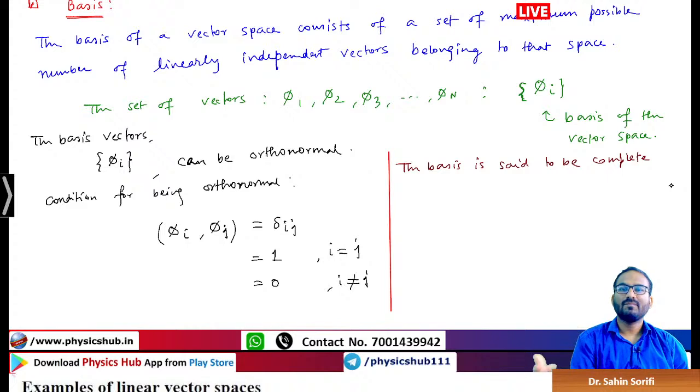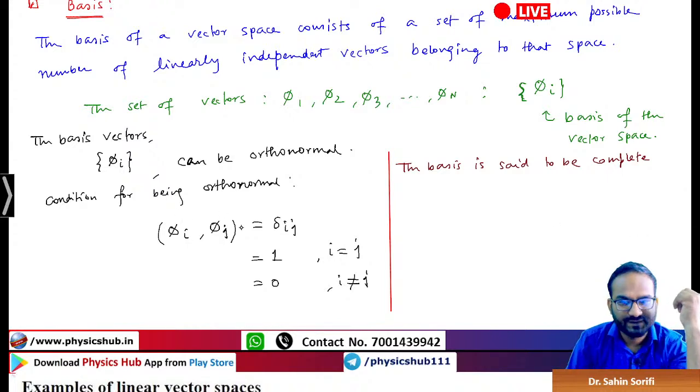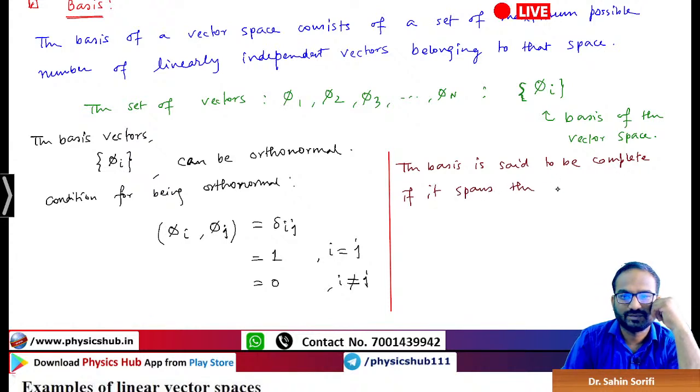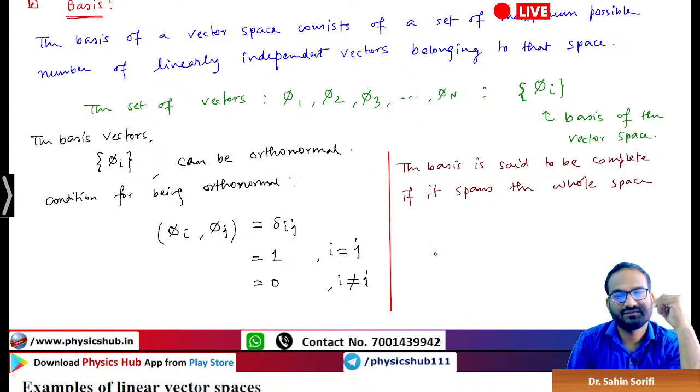The basis is said to be complete if it spans the whole space.